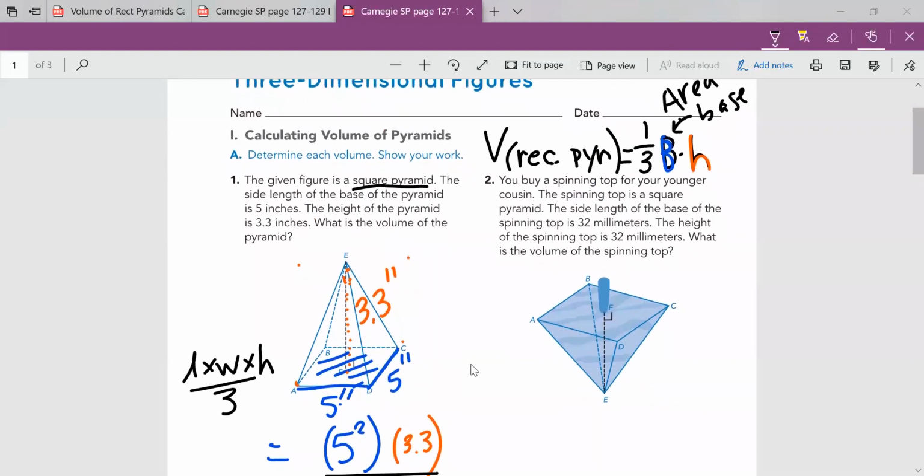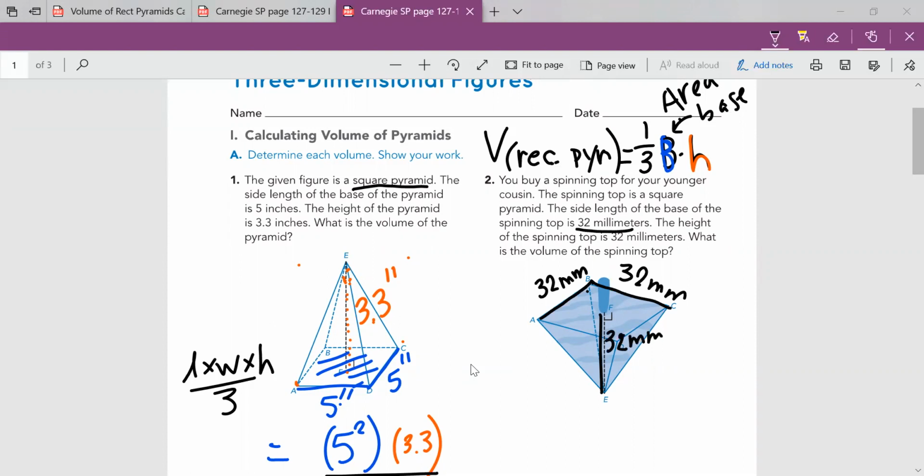So again, we have both the length and the width the same length. If it wasn't square, if it was just a rectangle, you would still multiply the length times the width. So this side is 32 millimeters and the other side is 32 millimeters. And then we have the height, which is also 32 millimeters.